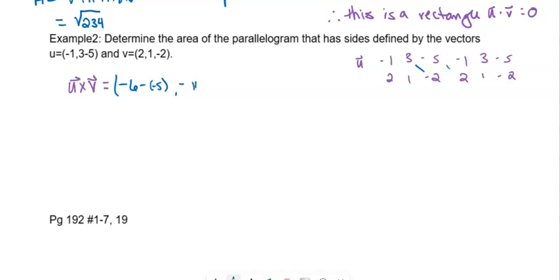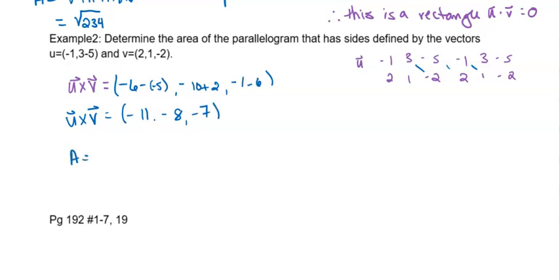I have -10, take away 2. I have -1, take away 6. So u cross v is the vector -11. Oh, I missed a negative there. -8 should be positive, and -7.